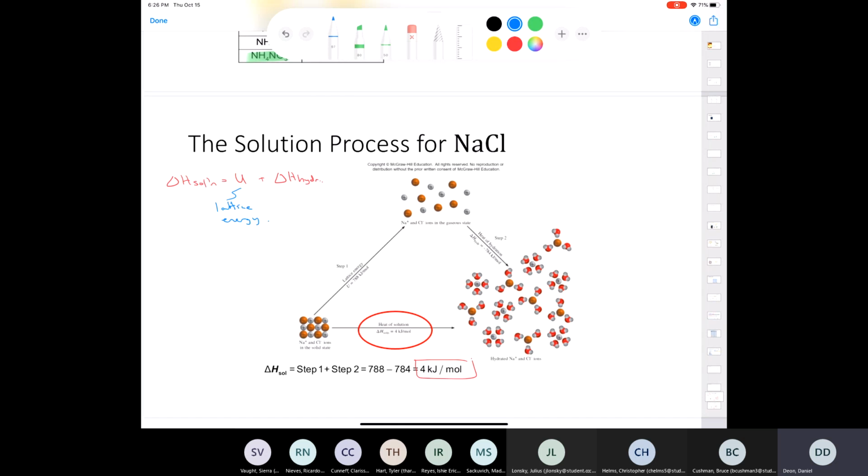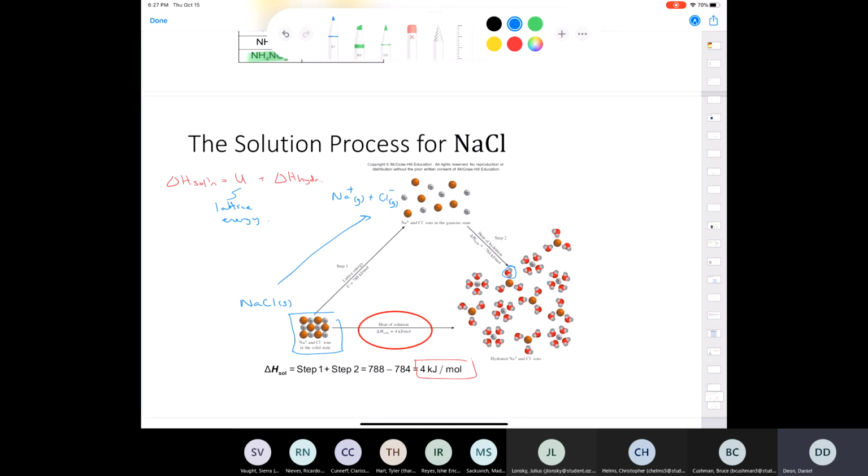And remember that lattice energy is when we take solid sodium chloride and break it apart into its ions in the gaseous phase. And that takes a lot of energy. In fact, it takes 788 kilojoules per mole. And you can imagine, those ions in the gaseous phase can't be very stable.